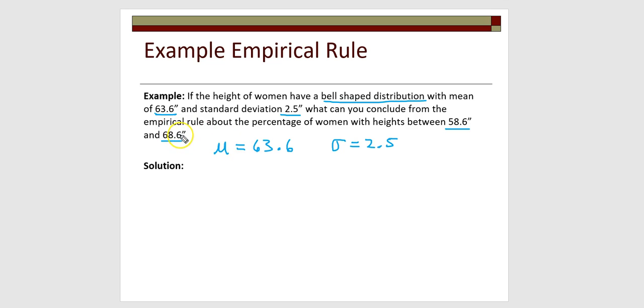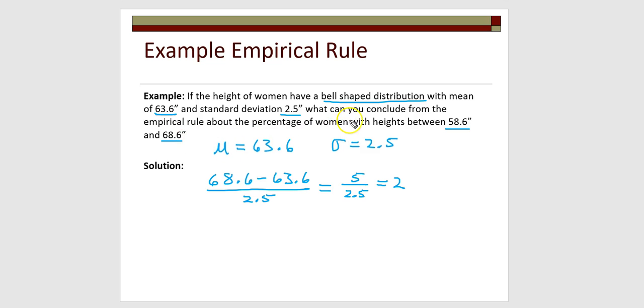So we have to evaluate how many standard deviations these two numbers are from 63.6. So let's look at 68.6 first. If we evaluate 68.6 minus 63.6 and we divide that by 2.5, notice that we get 5. The numerator is 5 over 2.5, and that is 2. So this number is 2 standard deviations from the mean.